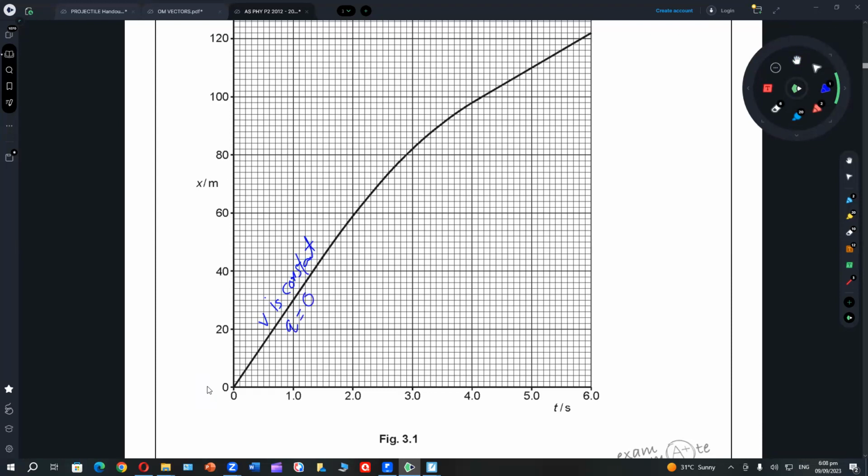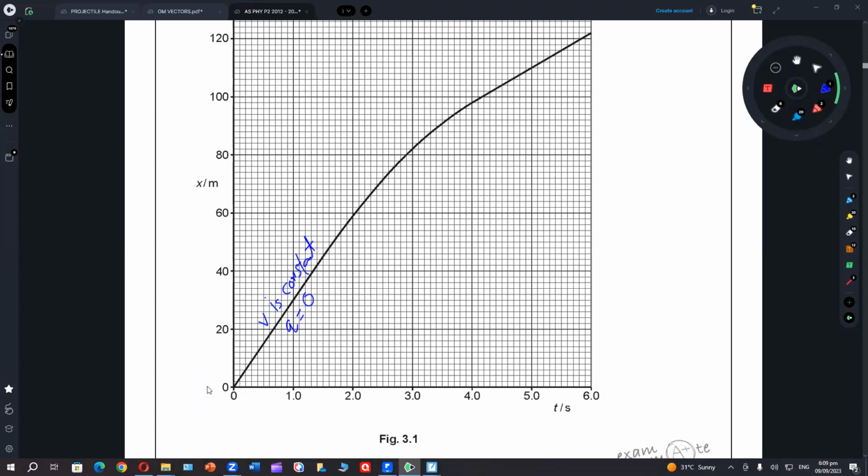How can I say velocity is constant? Because slightly bending before 2, but initially the line is straight. I don't have to give numbers. Initially velocity is constant and acceleration is 0.